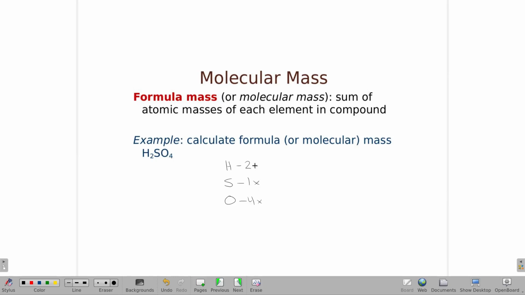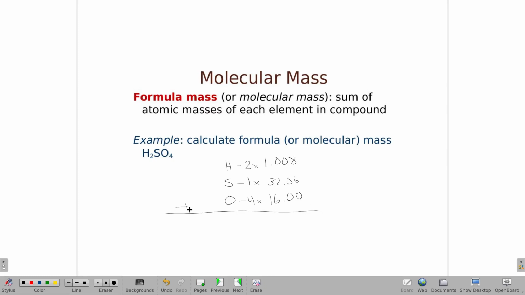And then from the periodic table, you see that hydrogen has a mass of 1.008. Sulfur has a mass of 32.06. And oxygen has a mass of 16.0.